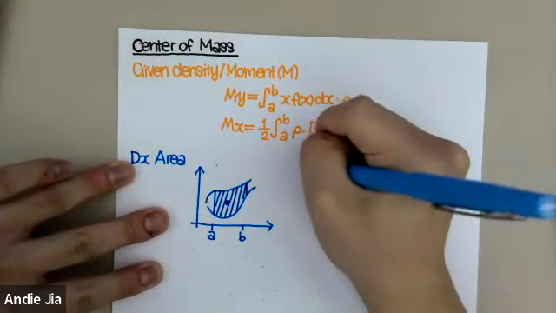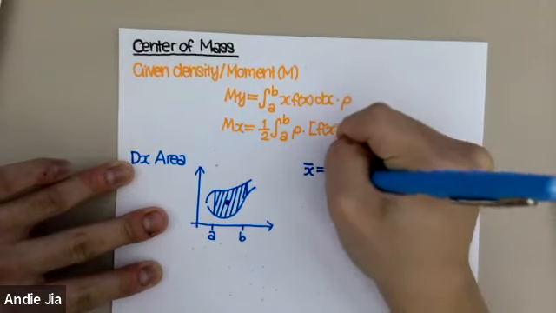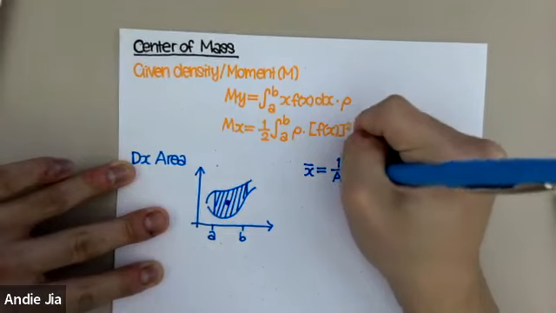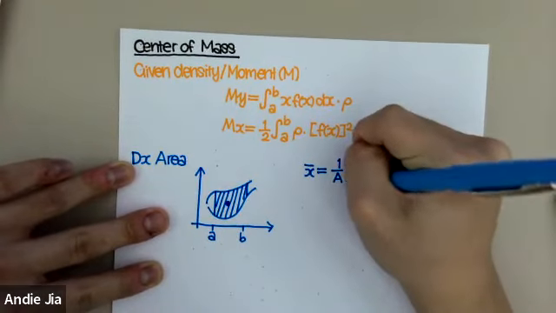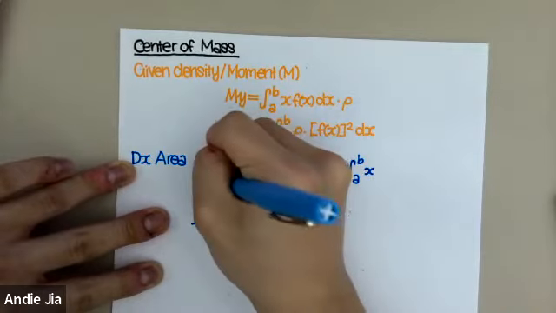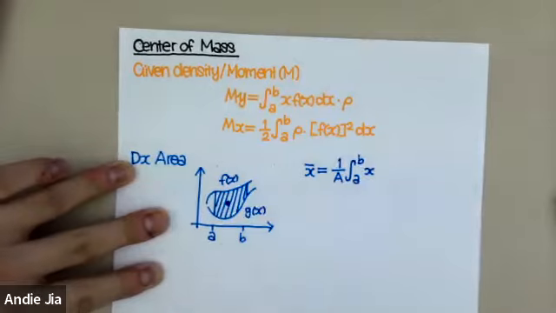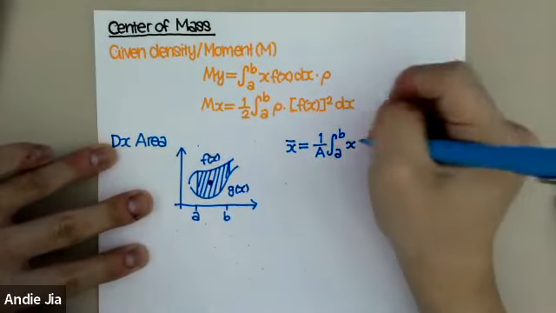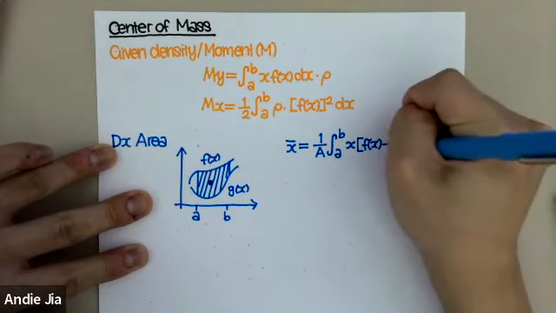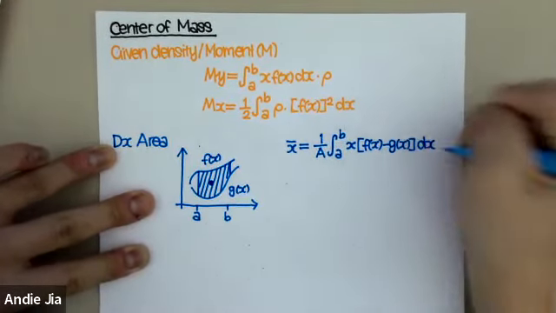Then the x bar is 1 over the area, from A to B, where this is f of x and this is g of x, of x times f of x minus g of x, dx.